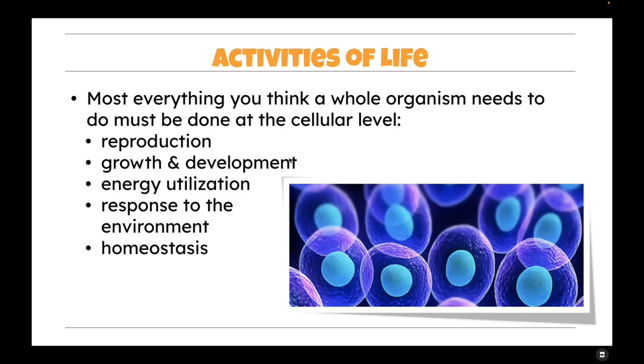So we need to reproduce and make more of ourselves. We need to grow and develop. We need energy to power all of our activities. We need to respond to our environment. Maybe move food towards our mouth or move when we sense danger, right? And like I mentioned, homeostasis is just that internal balance. So even though your external environment changes, your internal conditions stay relatively stable.